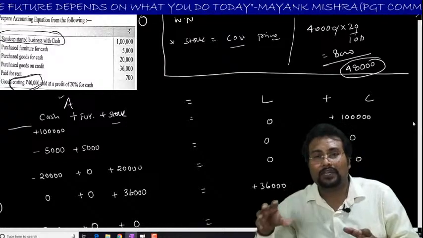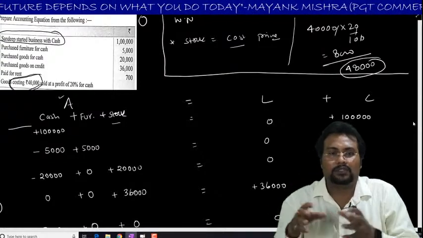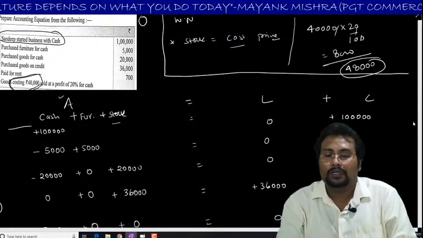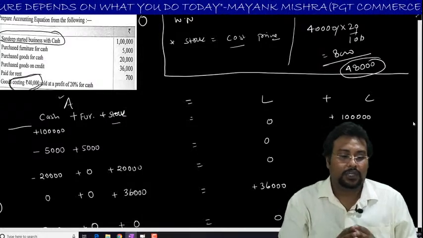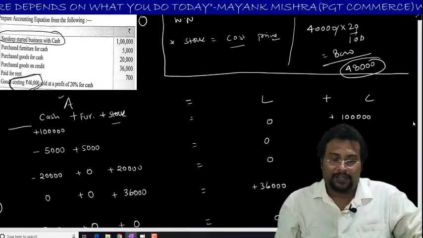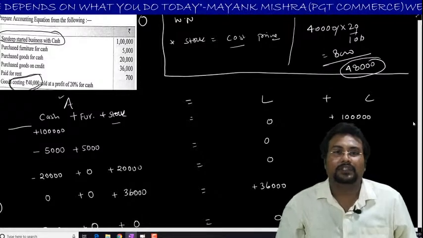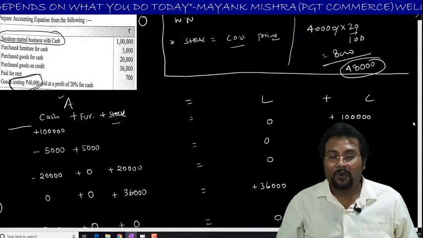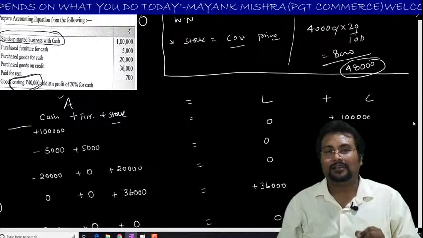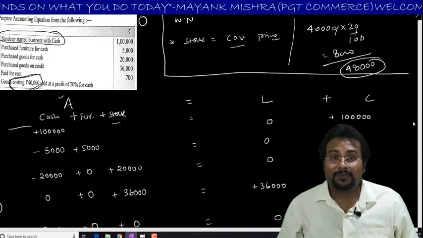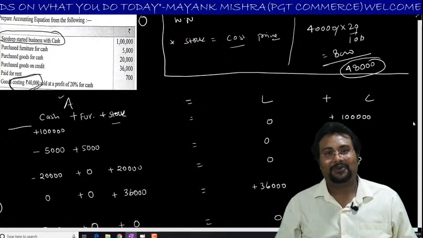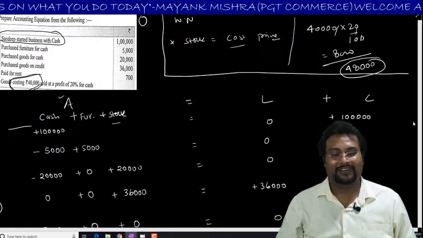If there is an effect on capital, we will add or minus it. If there is no effect on capital, we will not touch the capital in that equation. So write down the equation, and after that you can solve it. So this much for today. I hope this gives you a little bit of revision and helps you. Thank you everyone.